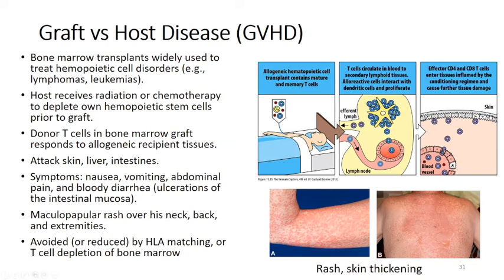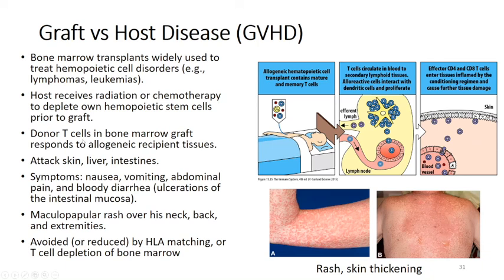The host will first have some kind of treatment to remove his or her own hematopoietic stem cells. The idea is we want to replace the recipient's bone marrow. The recipient's bone marrow is killed off using radiation and chemo, and donor bone marrow is then given.